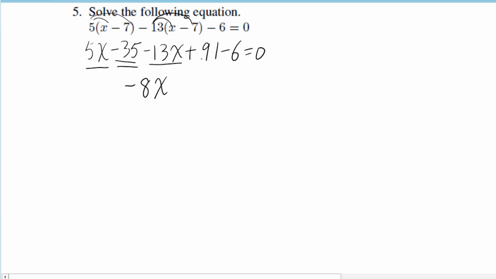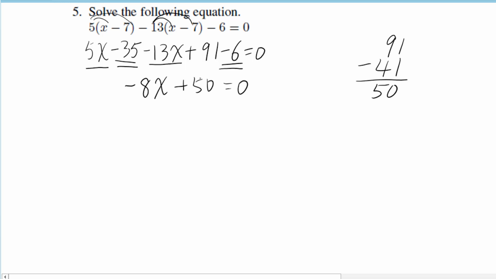Negative 35, negative 6, you will get negative 41. Then 91 minus 41 will be 50. So we have 50 equal to 0.